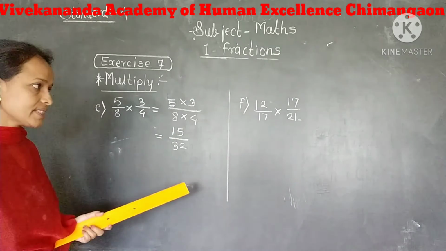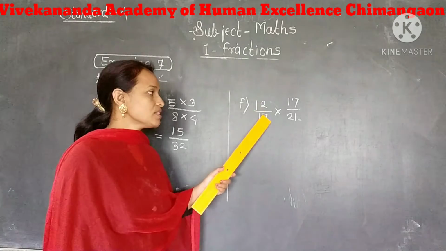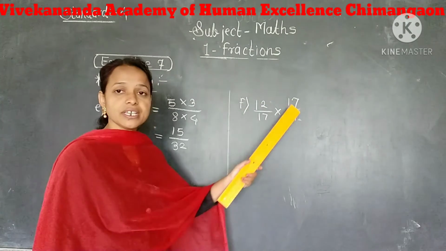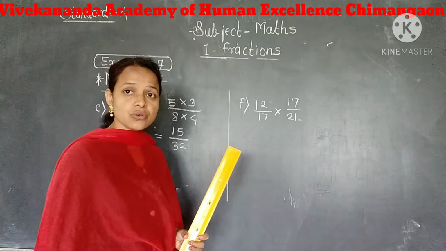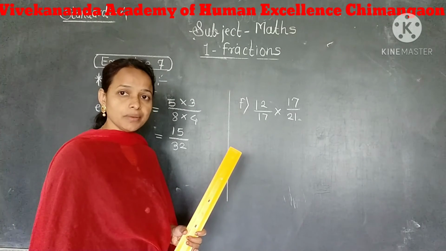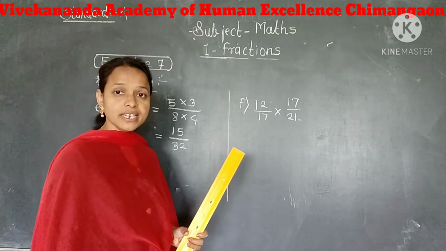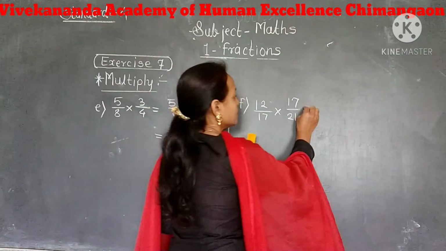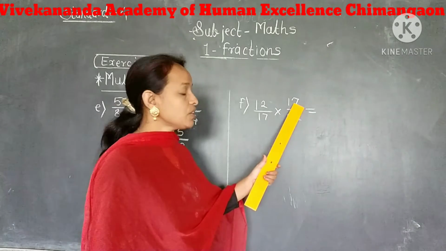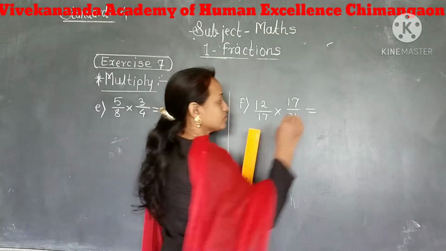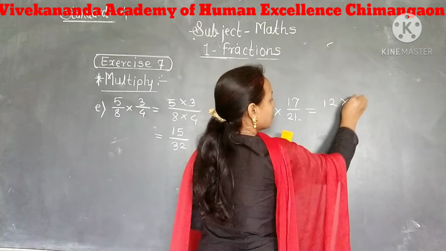Now we will solve the next example. 12 upon 17 multiplied by 17 upon 21. Now here also we find the product of their numerators upon the product of their denominators. So we multiply the numerator of the first fraction 12 with the numerator of the second fraction 17. 12 multiplied by 17.